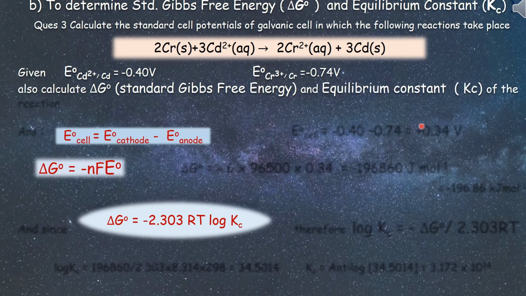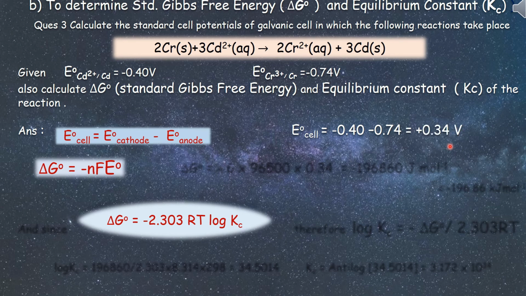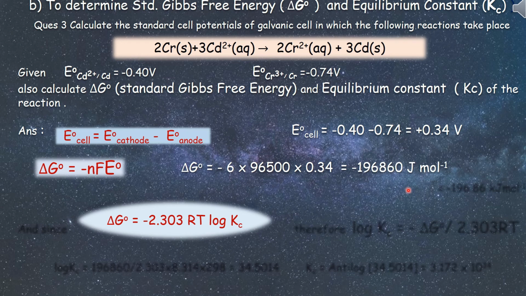E0 of cadmium is given, E0 of chromium is also given. Using this, we can calculate E0 cell, which comes out to be 0.34 volt. Since E0 cell is positive, we can say that the reaction is spontaneous.